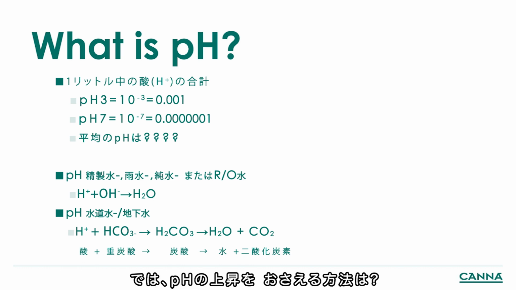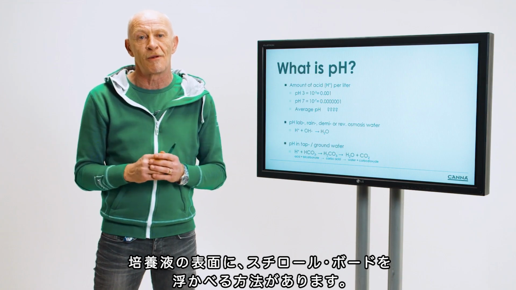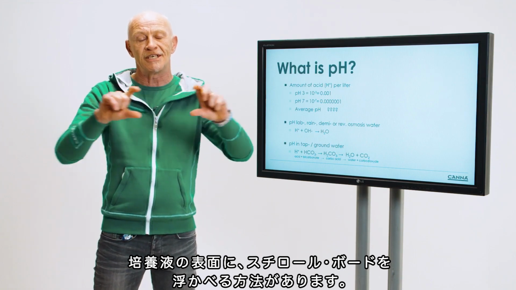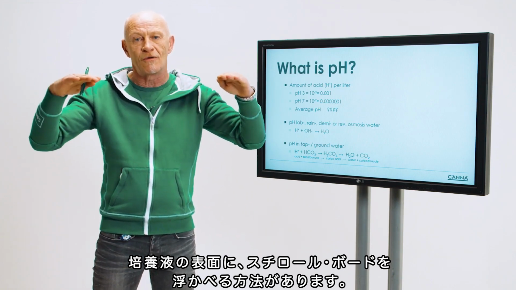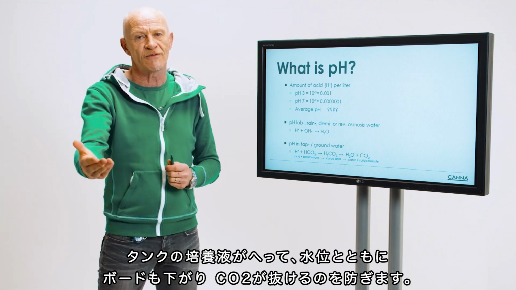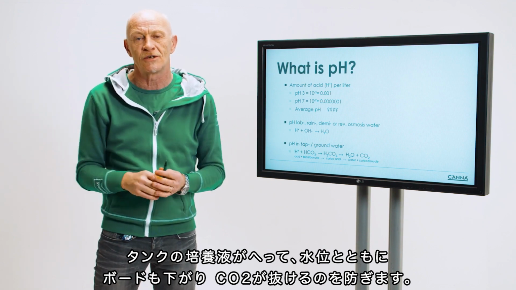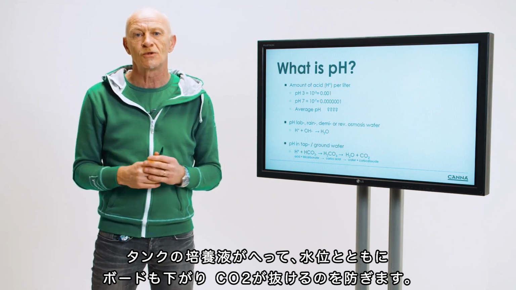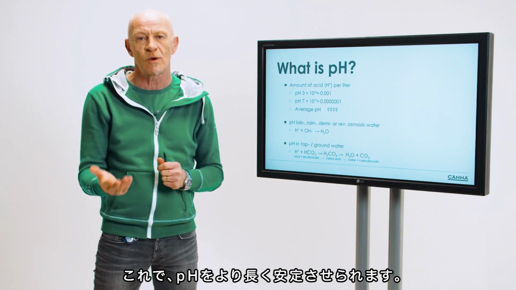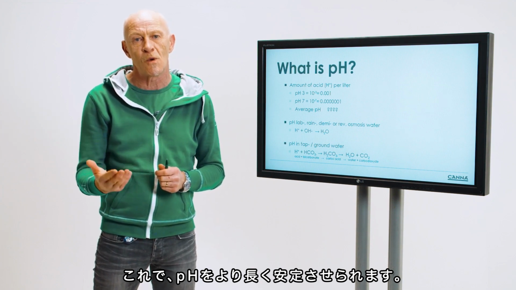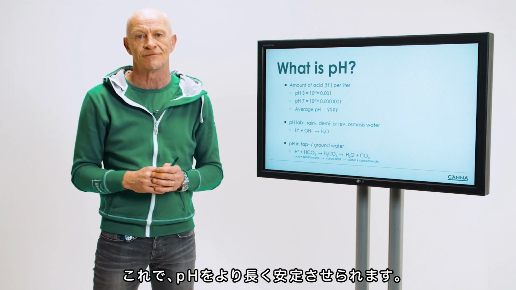How can I solve that problem? I can solve the problem by putting a styropor layer on top of the solution. When you give water, that layer will go down with the surface of the water, so CO2 cannot escape. In that way, the pH stays more stable in your solution.